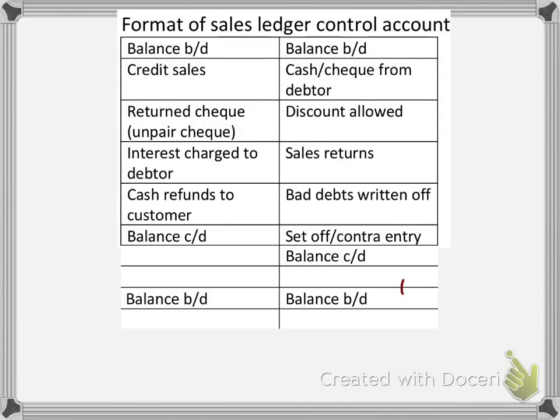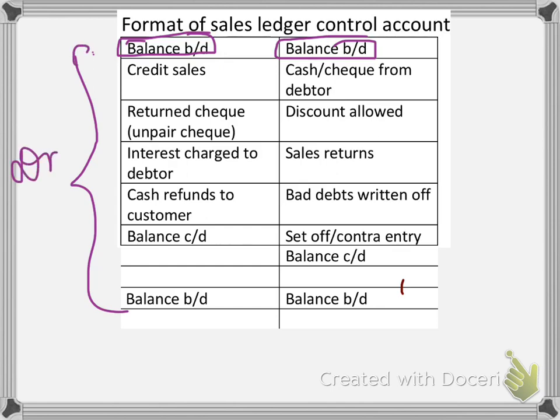So this is the format of a sales ledger control account. In a sales ledger control account, first we have balance brought down on both sides, but they generally have a debit balance, and then we record on the debit side. So this is the debit side, and here we record the credit sales.